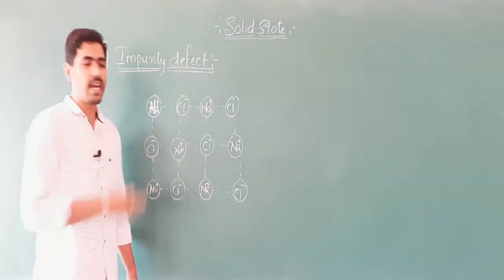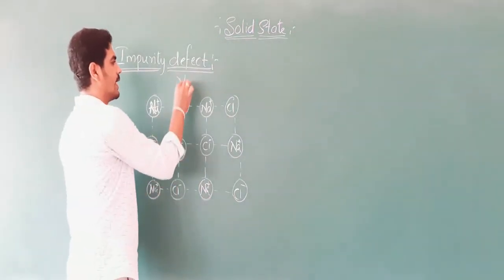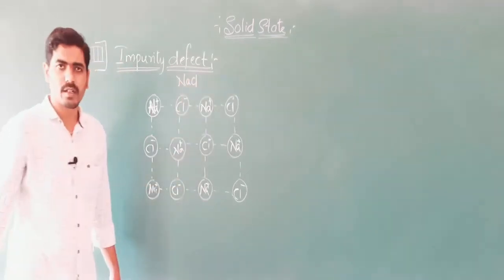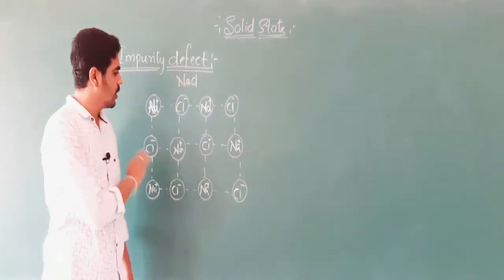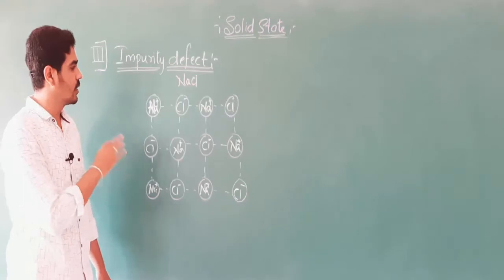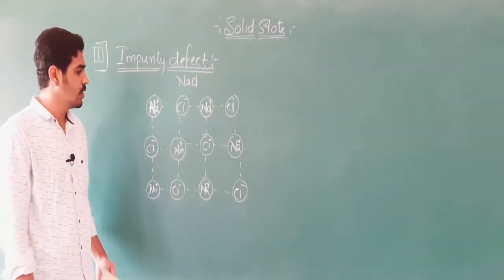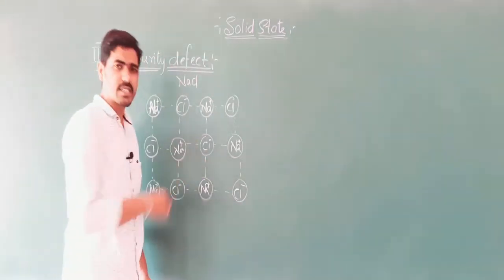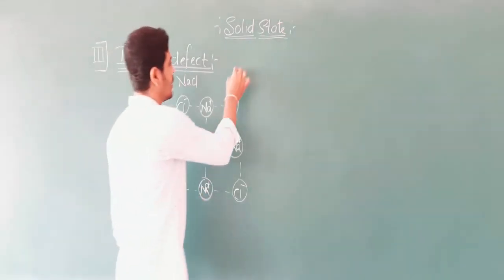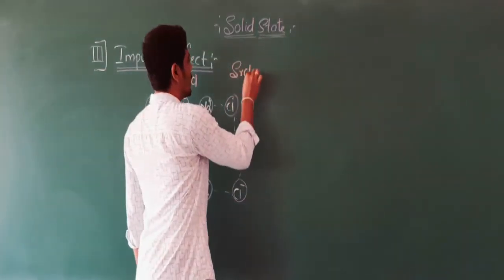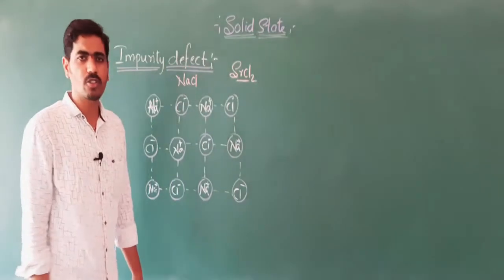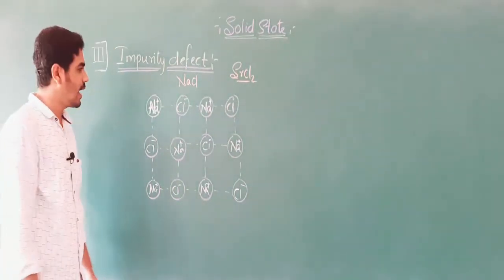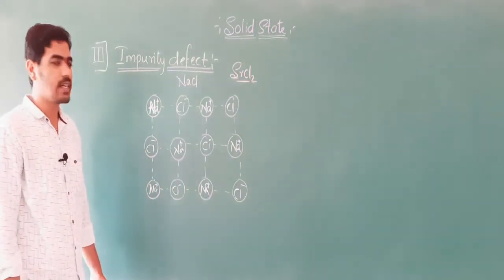Now it is an ideal crystal of NaCl, sodium chloride, and there is no defect found in this crystal lattice. Now in this crystal lattice I will add the impurity, that is SrCl2, strontium chloride. I will add it to this sodium chloride crystal.